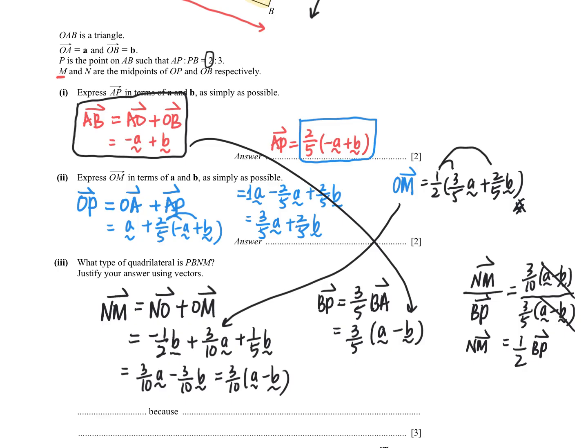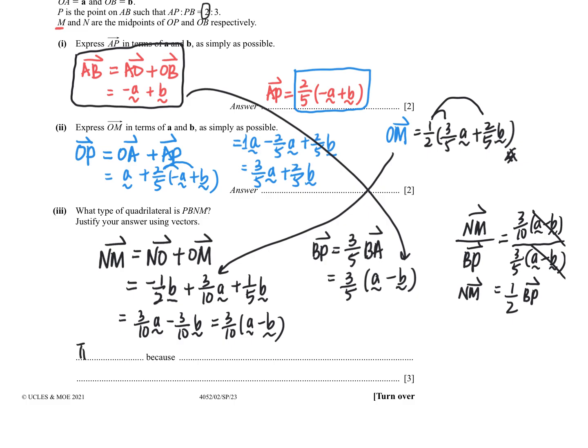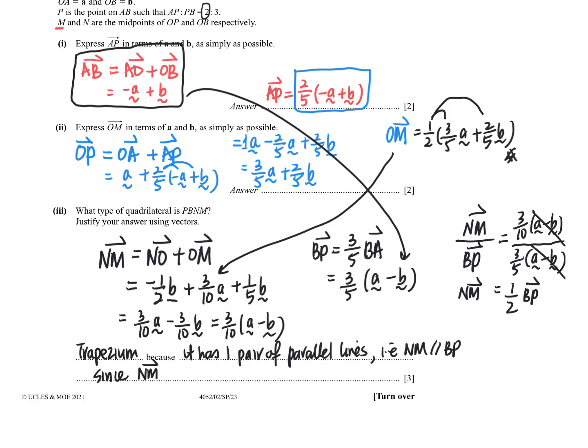If I can prove this, I can say that it is a trapezium because it has one pair of parallel lines. NM is parallel to BP since one is a scalar multiple of the other.